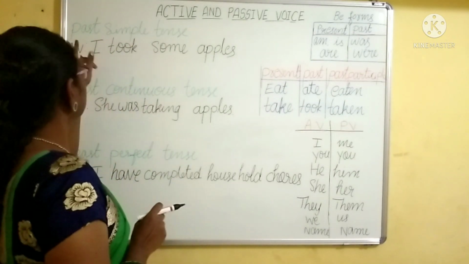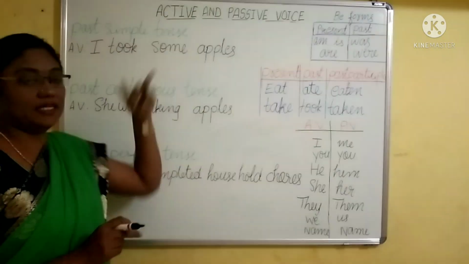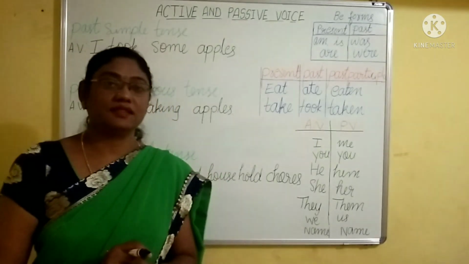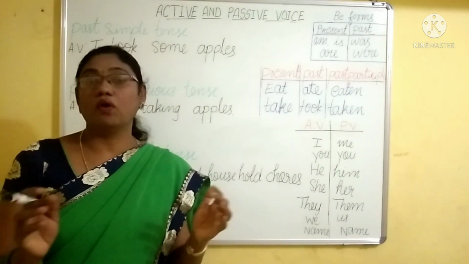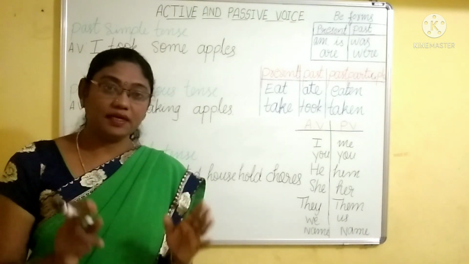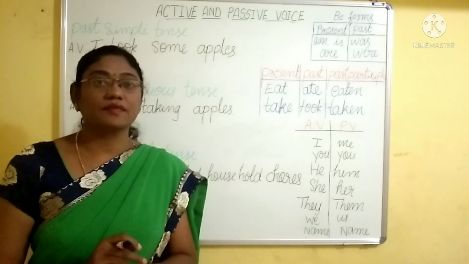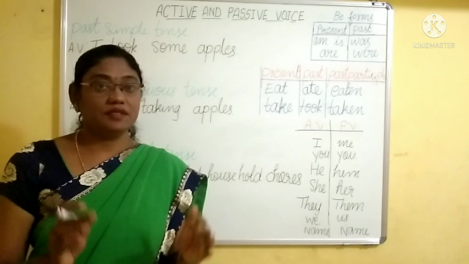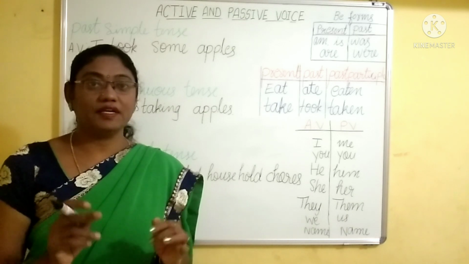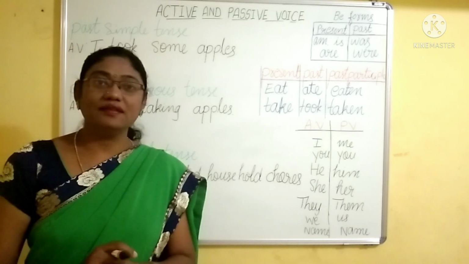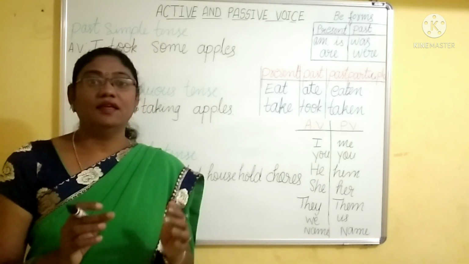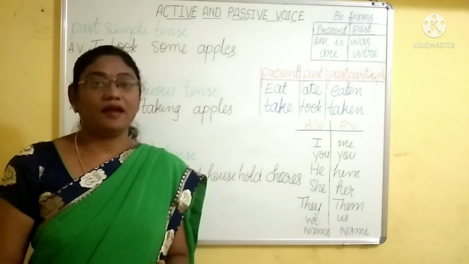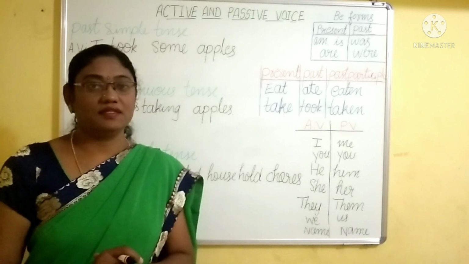Now let's begin with simple past tense. What is simple past tense? We have already learnt about 12 types of tenses, right? Simple present, present continuous, present perfect and present perfect continuous, the 4 types in present tense. Then the second group is simple past, past continuous, past perfect and past perfect continuous, right?